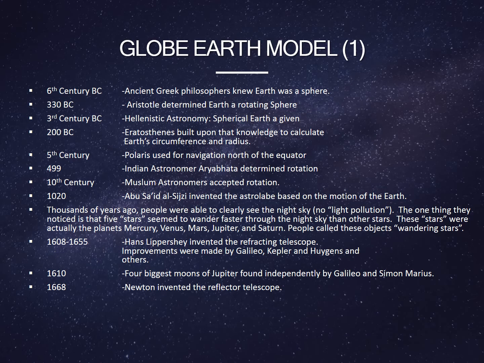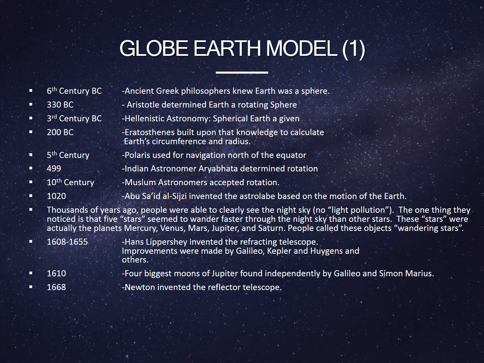So here are some events in the globe Earth model that have to do with space. In the 6th century BC, ancient Greek philosophers knew Earth was a sphere. 330 BC, Aristotle determined Earth a rotating sphere. In the 3rd century BC, Hellenistic astronomy, spherical Earth was a given.